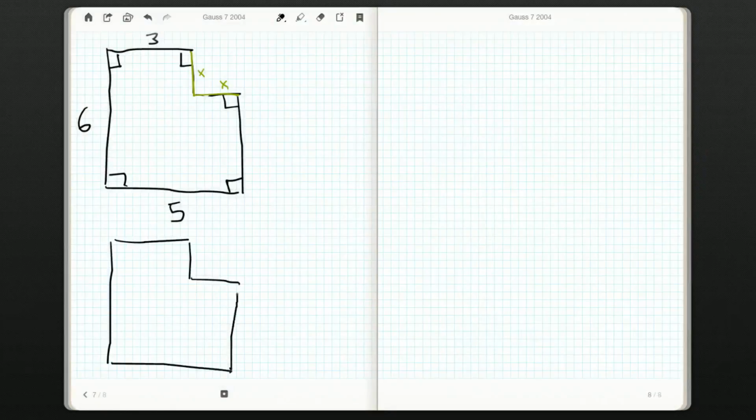But if I wanted to make a full rectangle, I'd have to add in a little rectangle, the rectangle corner that was sort of cut out. But it's not just a rectangle, it's a square. Now, what I lose in perimeter, I've lost this guy. He's not on my perimeter anymore, nor is this X. But I've gained 2 X's.